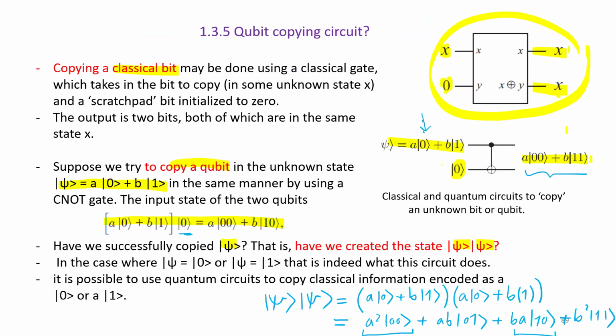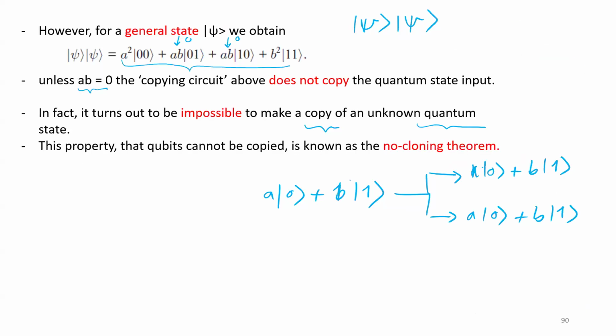You can get two copies of the 0. Or if you put A0 and you keep B as 1, then you can make a copy of 1, because this is allowed. But this means I am not copying a qubit state. So if you get, for instance, 0, you can have two zeros at the end.